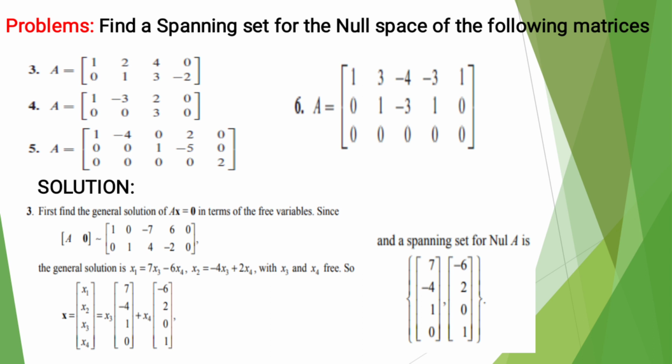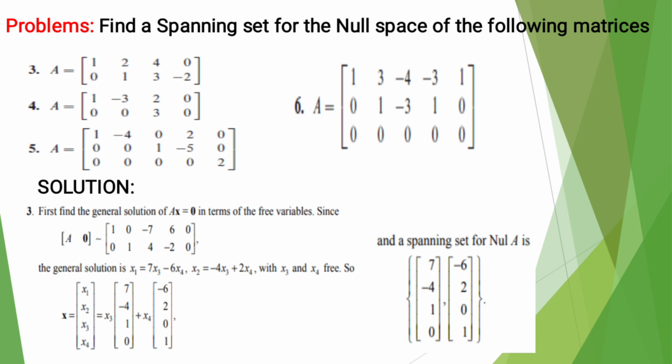We write the first equation, x1 plus 0 x2 minus 7 x3 minus 6 x4 equal to 0. Next the second equation, 0 x1 plus x2 plus 4 x3 minus 2 x4. These two equations we write for the x1, x2 values.